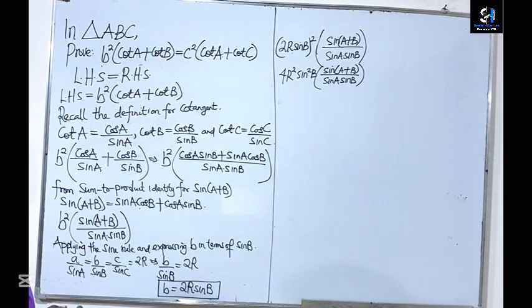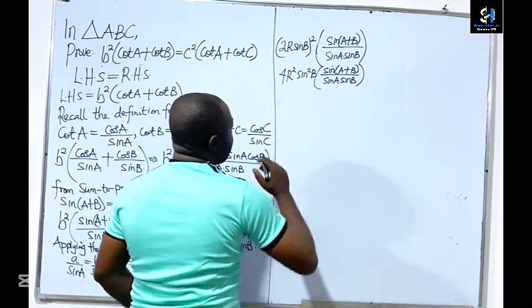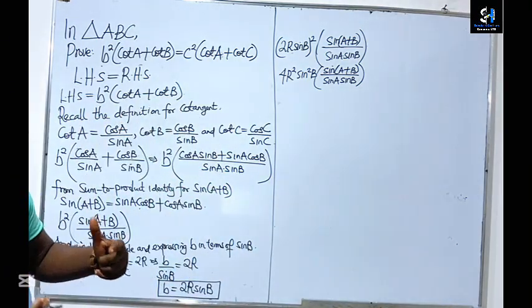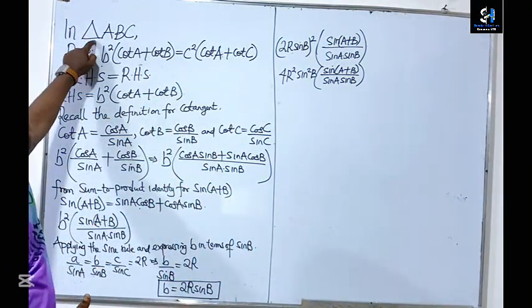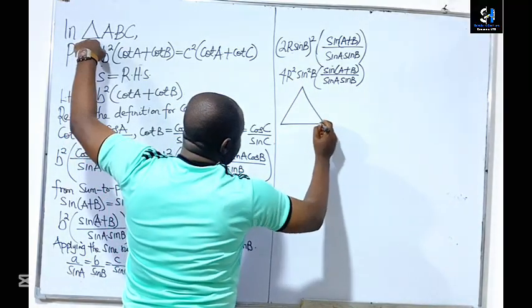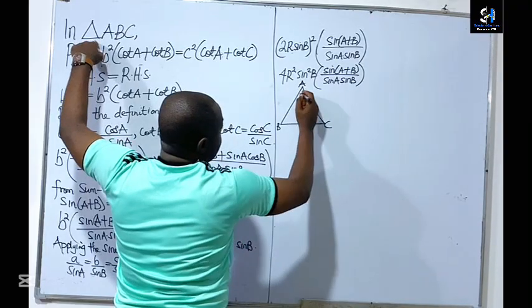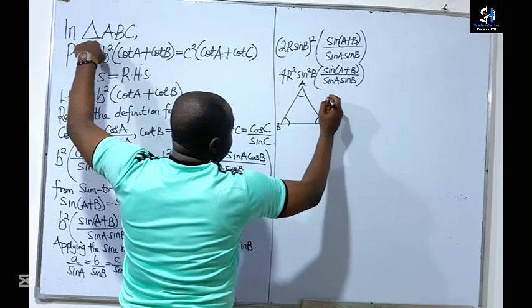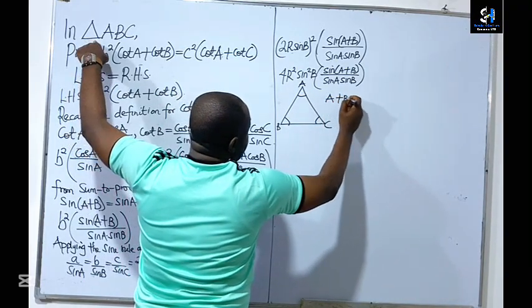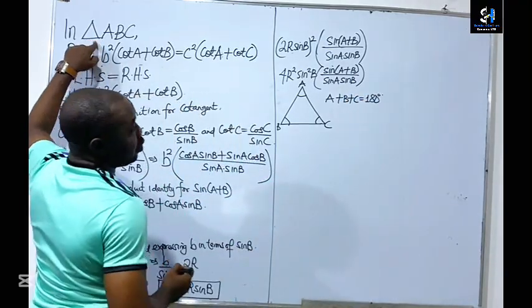Now also let's not forget to use the angle sum property, because we are given a triangle ABC. If we apply the angle sum property, angle A plus angle B plus angle C will be equal to 180.